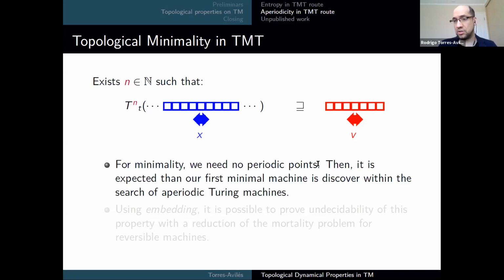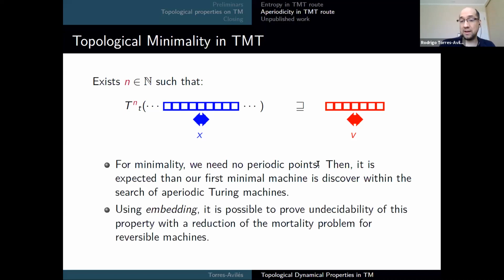You can just take two copies of smart, and if they are not connected, it's impossible to have minimality, and the system is, in fact, aperiodic. Again, using embedding, it's possible to prove the undecidability of this property with a reduction, in this case, of the mortality problem for reversible machines, again from Kari and Ollinger 2008.